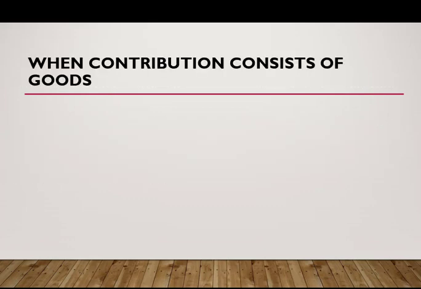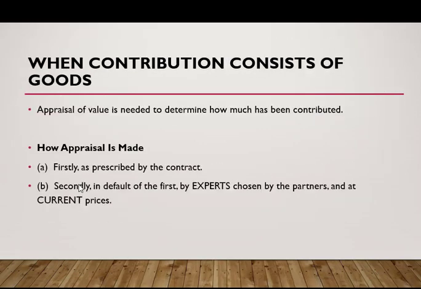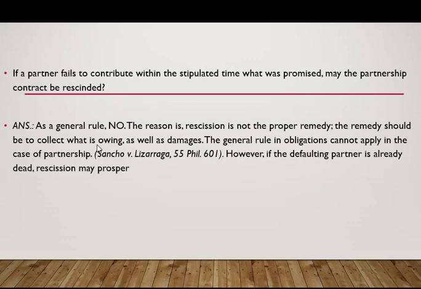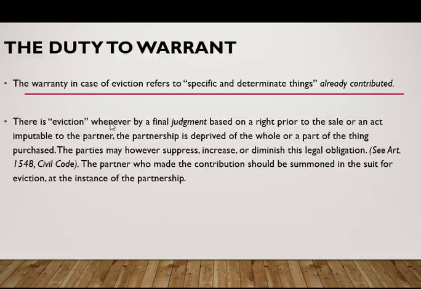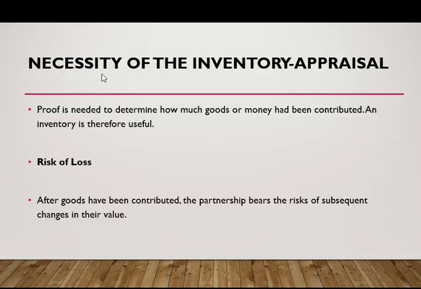So when the contribution consists of goods, you need an appraisal. The warranty in case of eviction, we know that one already, and the same goes for loss. When it consists of goods, appraisal is necessary.